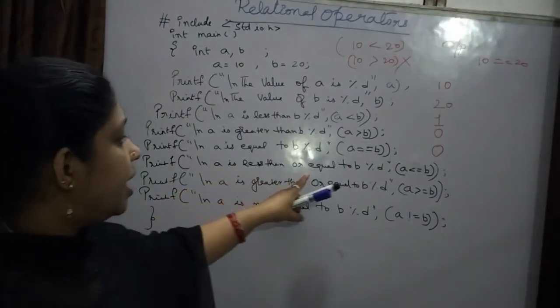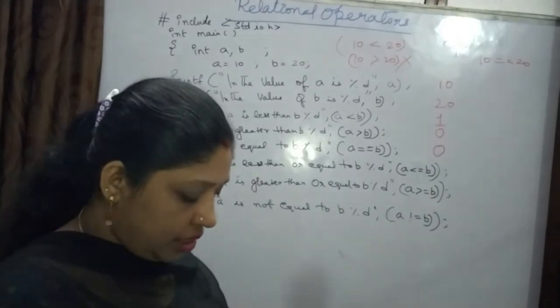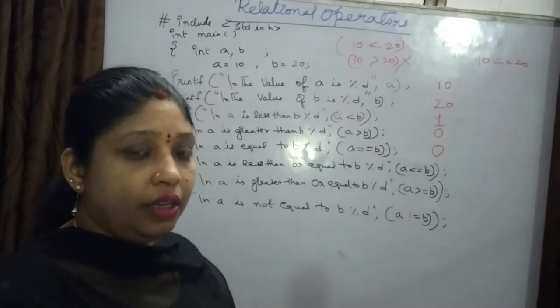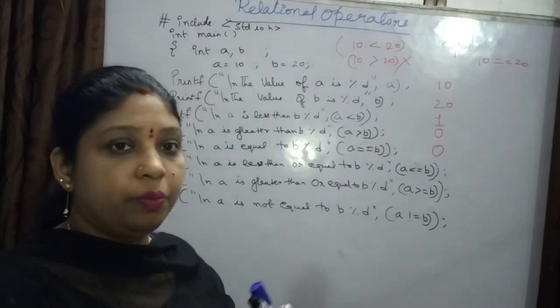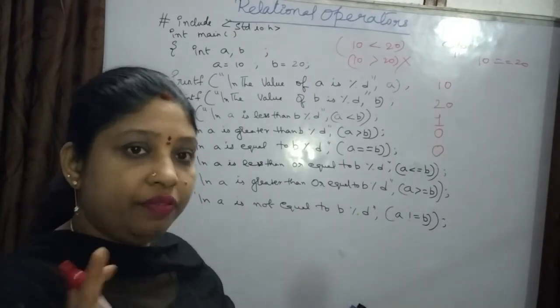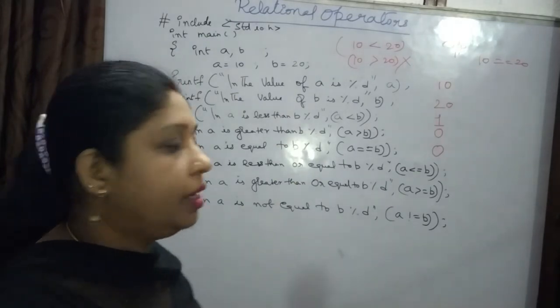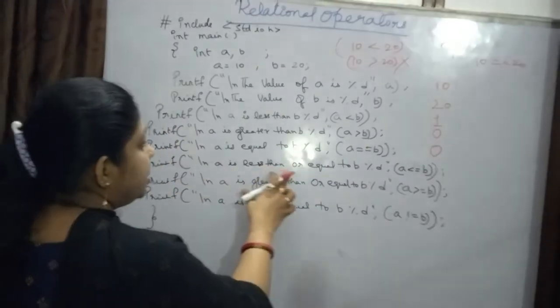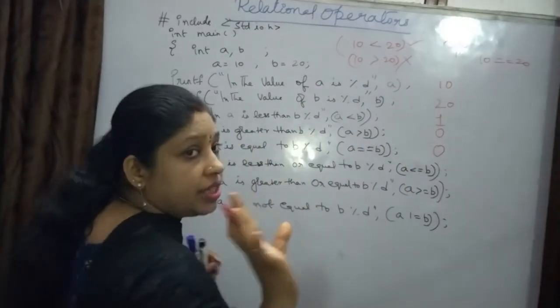Next, A is less than or equal to B. That means both conditions are used here. It has to check whether A is less than B, or A is equal to B. If any one is satisfied, it gives the true result. Now we will check. A is less than B, already you know A is less than B, so one condition is satisfied.